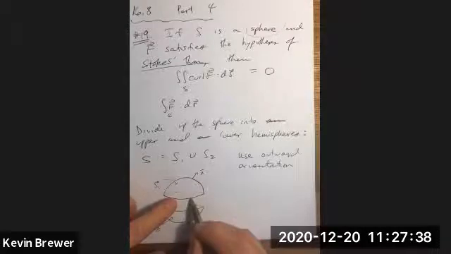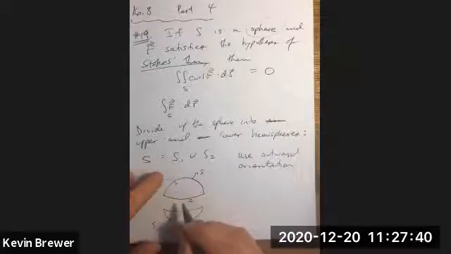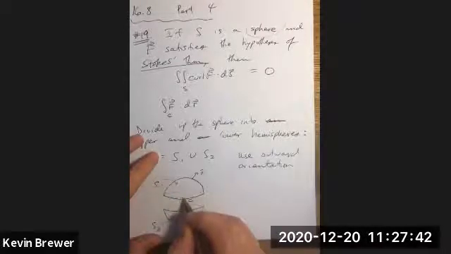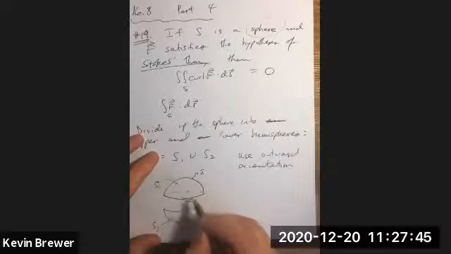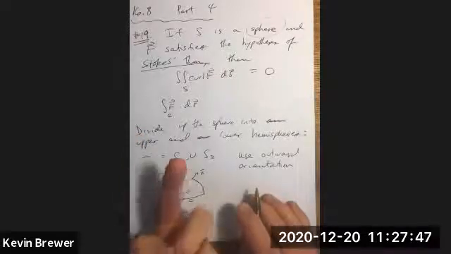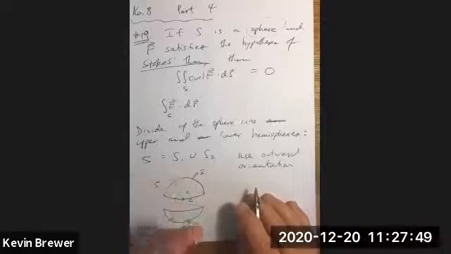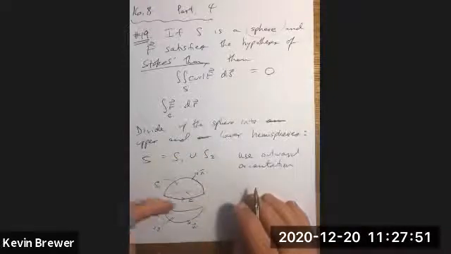For the upper hemisphere, we have to go around C like this. If our head is oriented upwards, in order to keep the hemisphere on our left, we go around C like so.